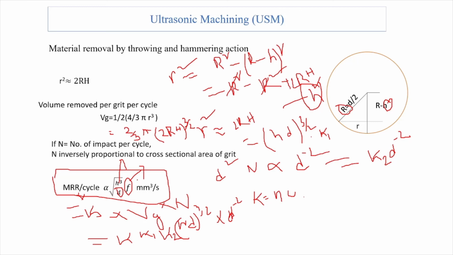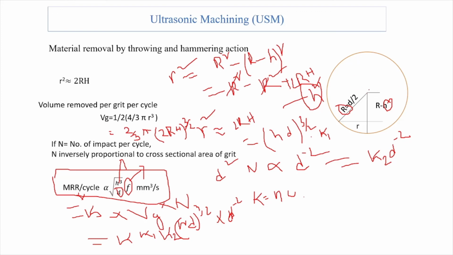Actually, for getting that indentation depth H, we have two models: one is the throwing action model, and one is the hammering action model. Using those models only, we will estimate the indentation depth H. For getting the relations between volume removal, that is Vg, number of impacts and cross sectional area of grit, we first have to consider the crater sphere.